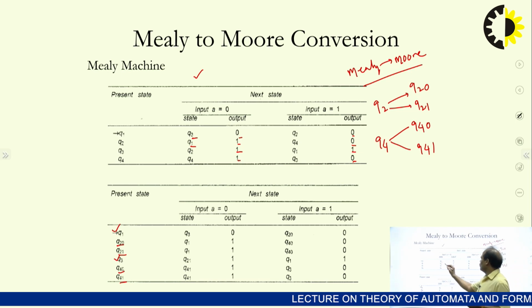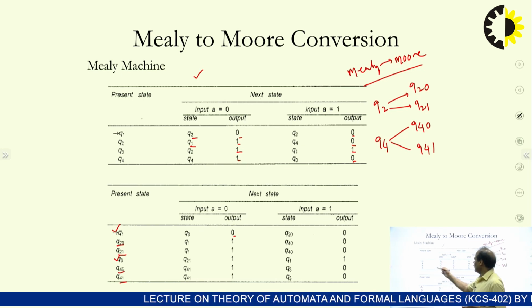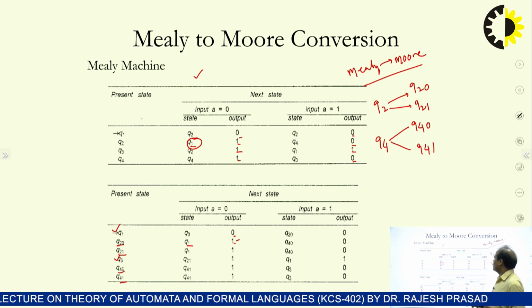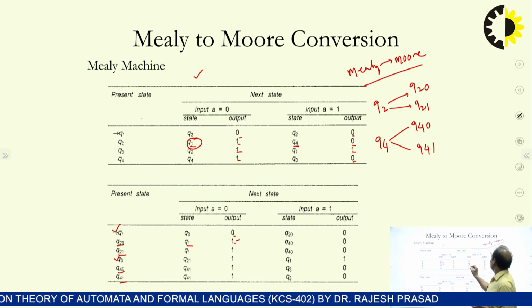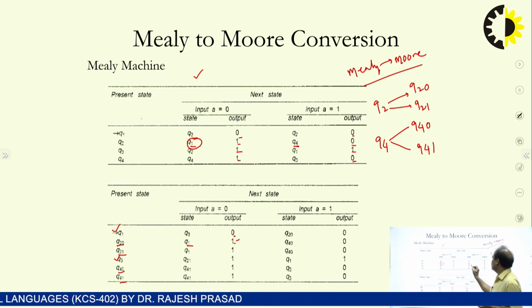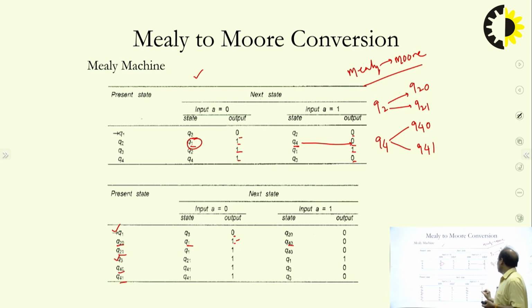Same thing here. Q1 on 0 goes to Q3, the transition remains the same. Q2 0 on the same input goes to Q1, and since you are not splitting Q1, it remains the same. Q2 on 1 goes to Q4, but Q4 has been split into two parts with 0 output and 1 output. So whenever you write Q2 0 here, this will be Q4 0, because this Q4 corresponds to the 0 state.